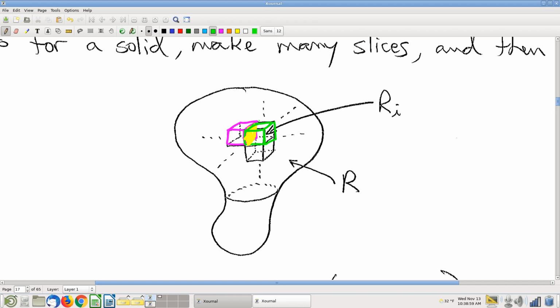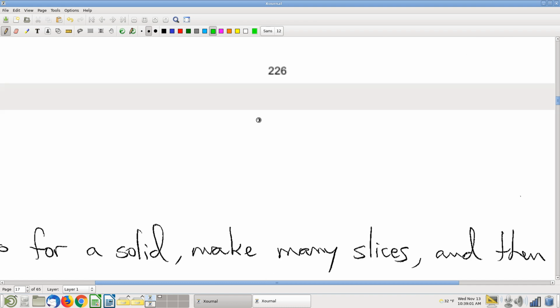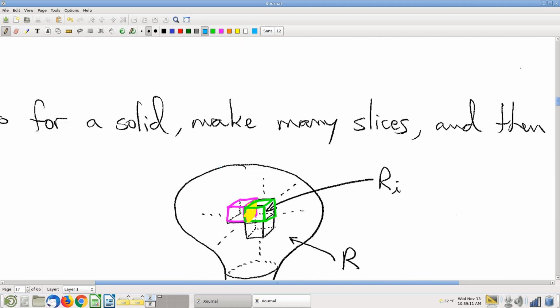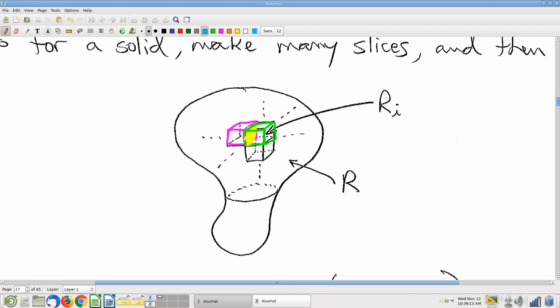And I appeal to your geometric intuition for the same reason that this face is going to appear twice with opposite orientations, and therefore it cancels. Well, likewise, this little yellow face, the flux through that face is going to show up twice. Once as part of the boundary of the chunk on the left, once as part of the boundary of the chunk on the right. Opposite orientations, cancels, and so that face disappears.